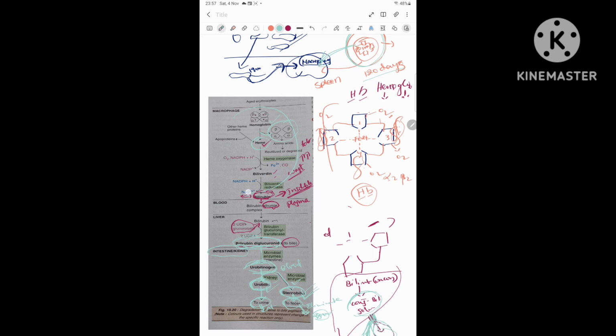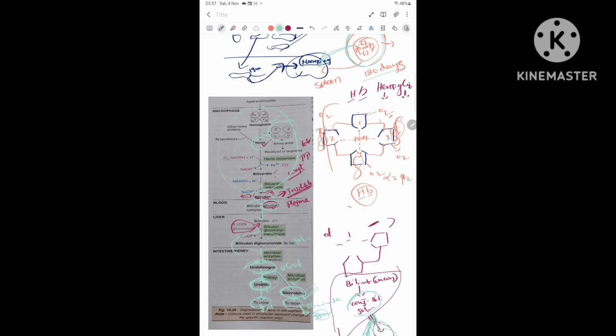This whole process happens inside the macrophages, and this bilirubin will be transported to the liver for further conjugation. Since bilirubin is insoluble, it will be taken up by albumin in the blood. Throughout the blood circulation, albumin carries the bilirubin and transports it to the liver. In the liver, bilirubin will be converted to bilirubin diglucuronide, a soluble form of bilirubin, which can be easily excreted and eliminated.